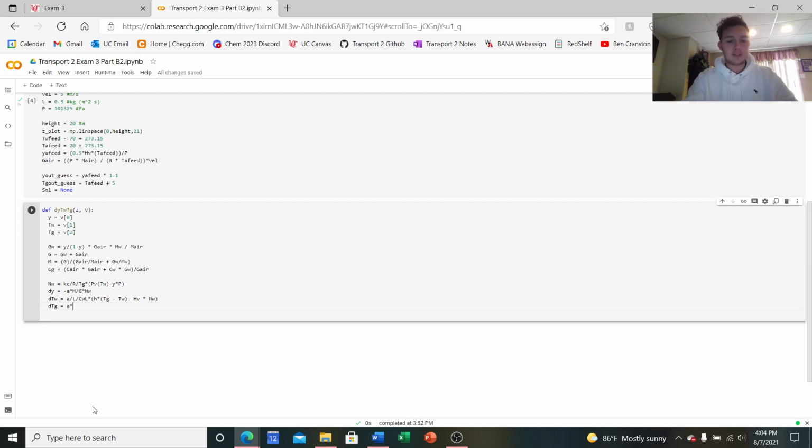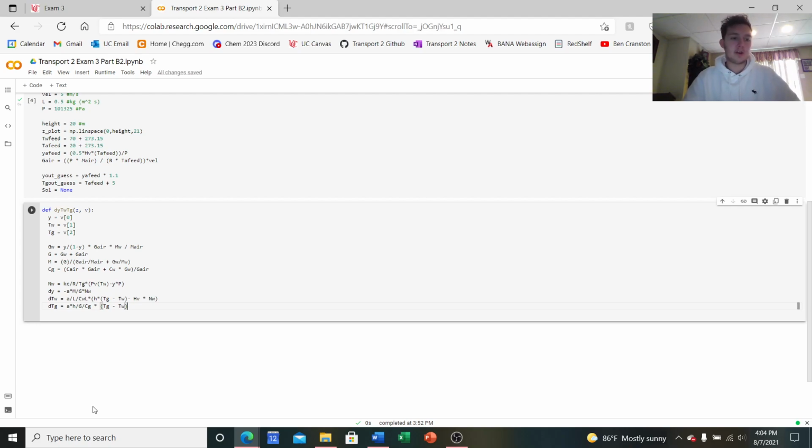It's the specific area multiplied by the heat transfer coefficient, divided by the total mass gas flow rate, also divided by the heat capacity of the gas phase, and multiplied by the difference in temperature values. So there we go, those should be the three differential equations that we got all the way back from part 4 of the exam.